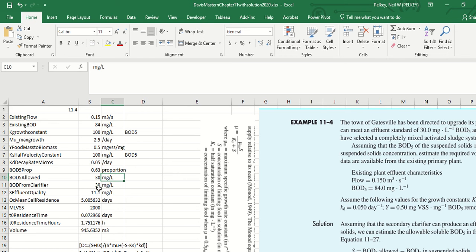All right, and the BOD allowed is 30 milligrams per liter. The BOD from the clarifier, 30 milligrams per liter. We want it to get down to 11 milligrams per liter.